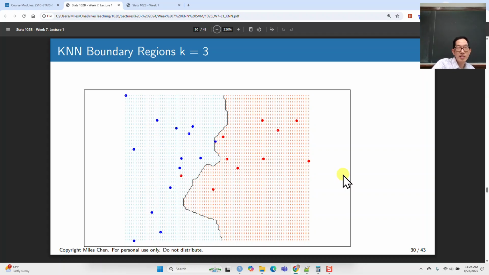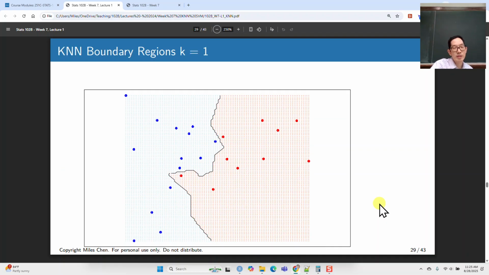If you do K equal to 3, our boundary shifts around a little bit. This point out here feels like an outlier for red, and so all of these dots just get classified as blue. And here it is with K equal to 5, and K equal to 7.